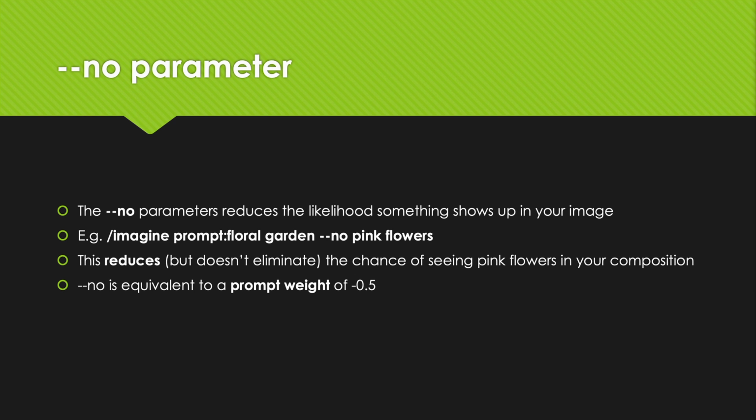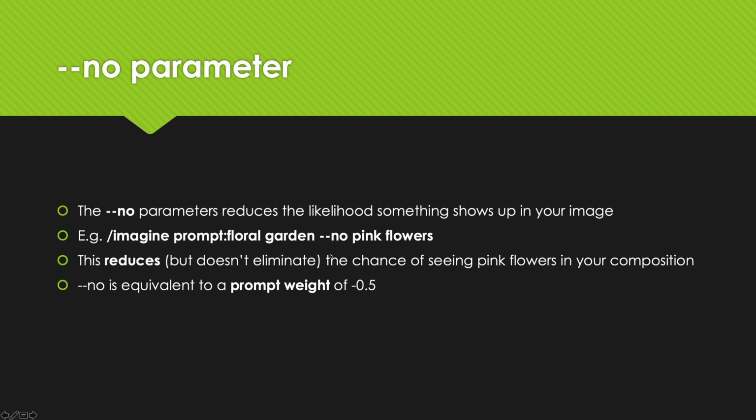Let's see. And then there's the no parameter, which is --no. The --no parameter reduces the likelihood of something showing up in your image. So for example, if you create an image of a floral garden --no pink flowers, this reduces but does not eliminate the chance of seeing pink flowers in your composition.